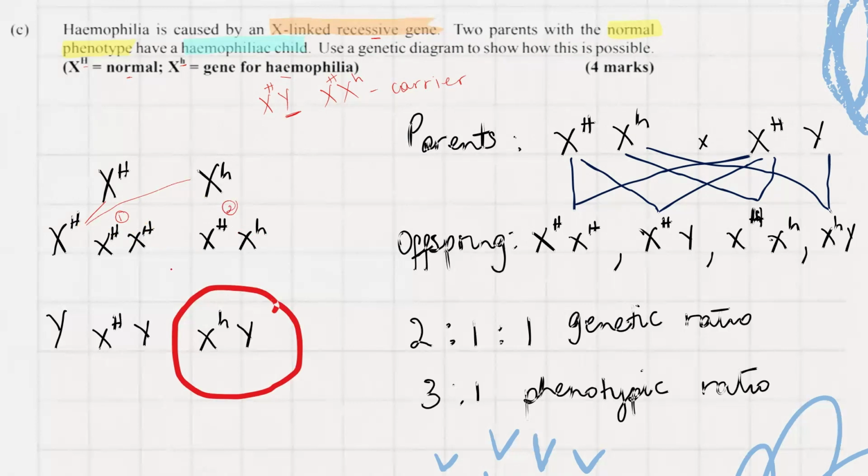It is a carrier. Y by X capital H. This is a normal boy, just like the father. And look at this one. This last one, we have X small h by Y, which is that child who has hemophilia.